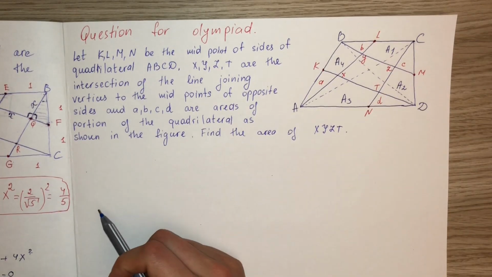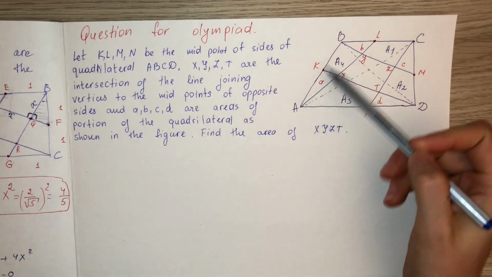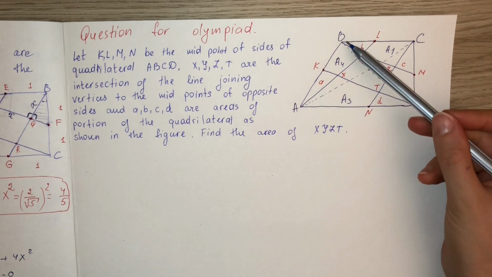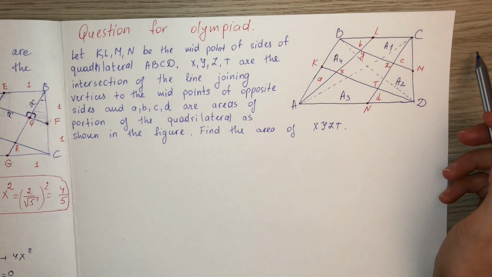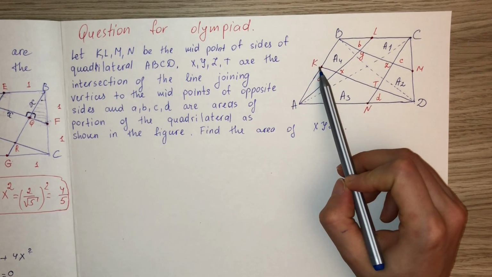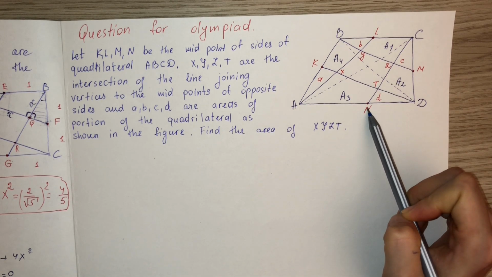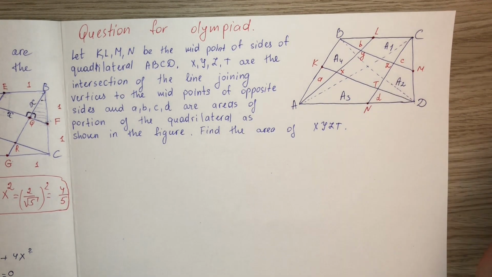And this is our next Olympiad question. Here we have quadrilateral A, B, C, D. This is any quadrilateral. So let K, L, M, and N be the midpoints of the sides of quadrilateral ABCD.